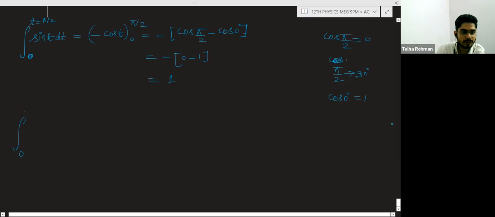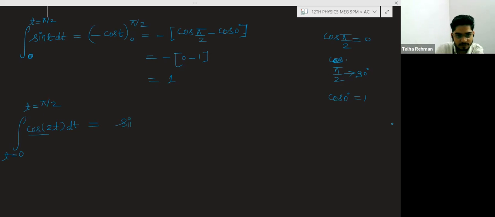Integrate from t equal to 0 to t equal to pi by 2 of cos 2t dt. For this type of integration, first we see the integration of cos, which is sine. Integration of cos is sine, and we write the same angle with it. This is sine 2t, where this is 2 into t.